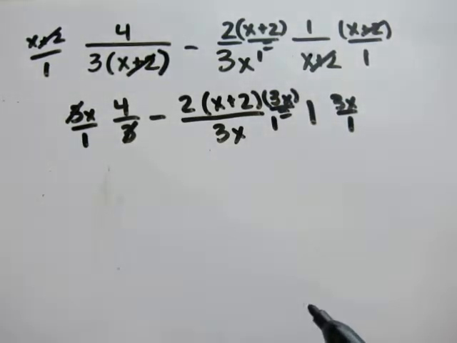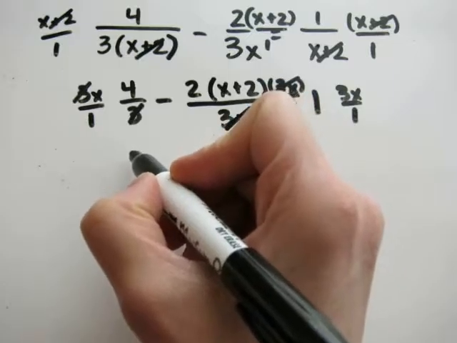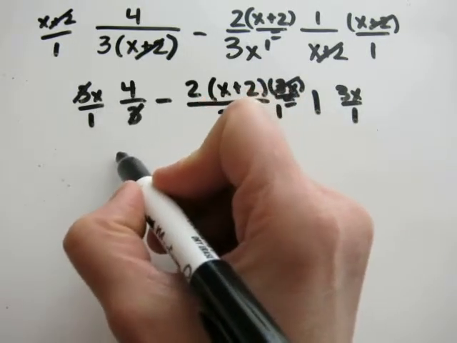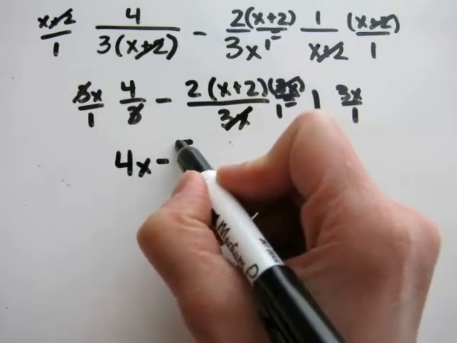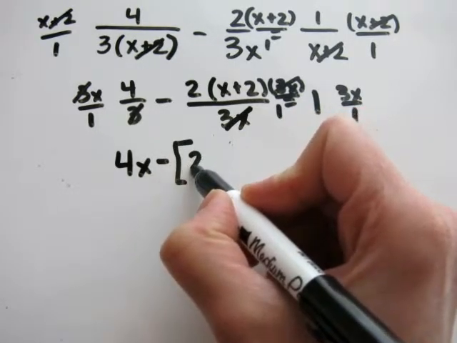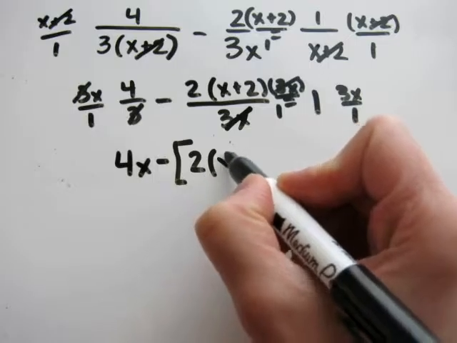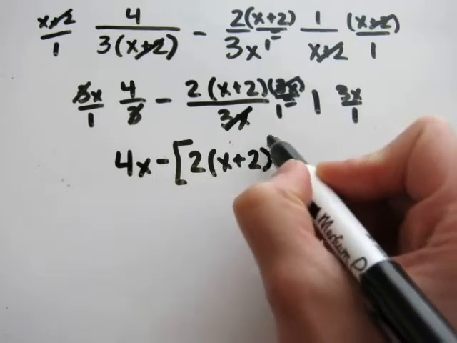These 3's will cancel out. My 3x will cancel out. I'm going to rewrite what I'm left with. X times 4 is 4x. Got 2 times x plus 2.